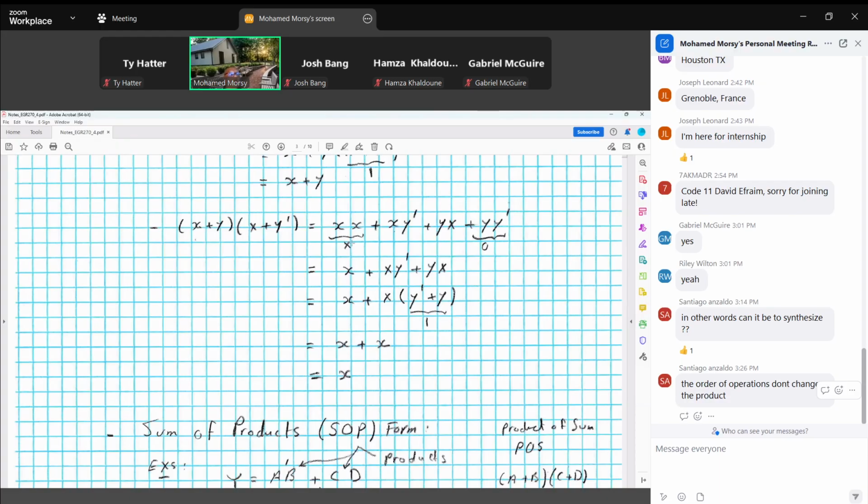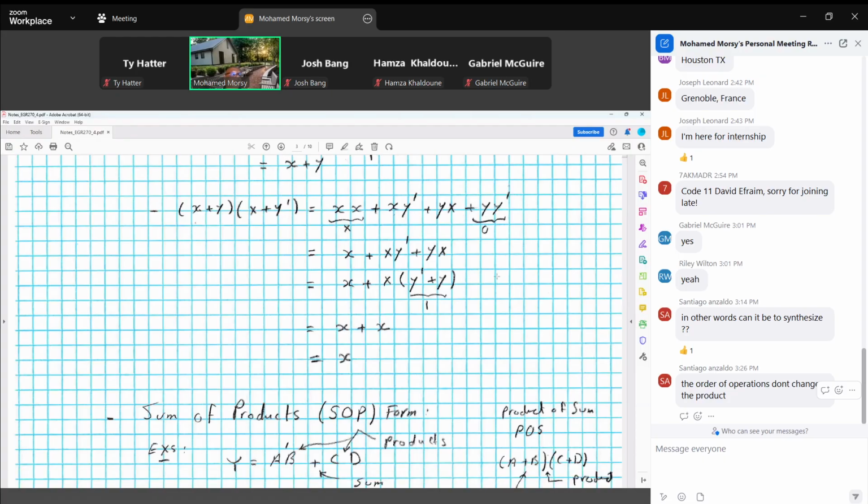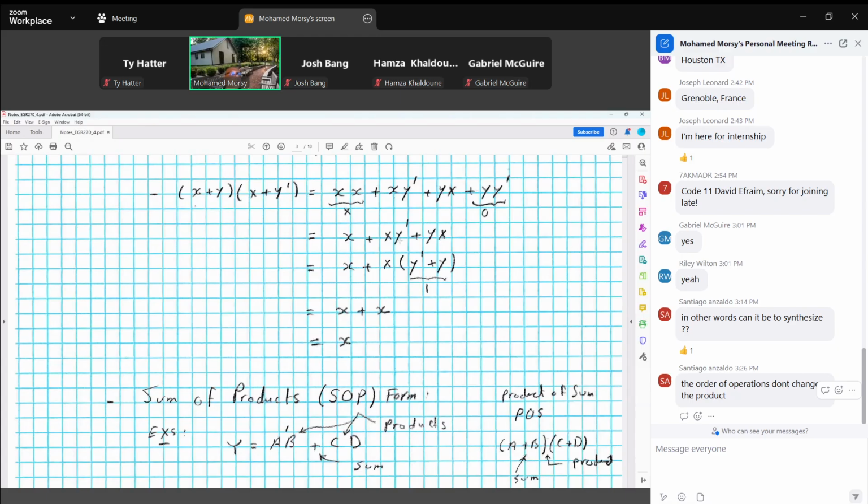X X is X, so we have X here, plus X Y inverted plus Y X. Now look here, we can take X common, multiplied by Y inverted plus Y. Any variable plus its inverse is 1. So Y plus Y inverted is 1. So X times 1 is X. And X plus X is X.